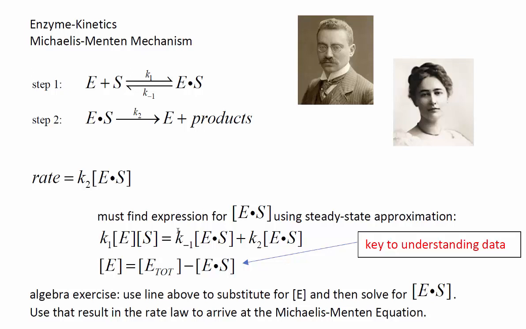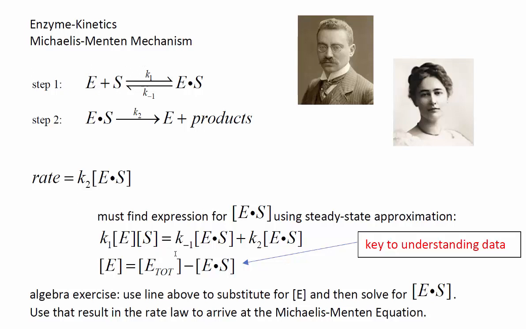Another way of writing that is to say that the rate at which it's formed has to be equal to the rate at which it's depleted. And we see that relationship written here in this second line. K1 times E times S. Notice we're going back to the first step and writing the formation of the complex would be K1 times E times S, according to the step 1 mechanism.